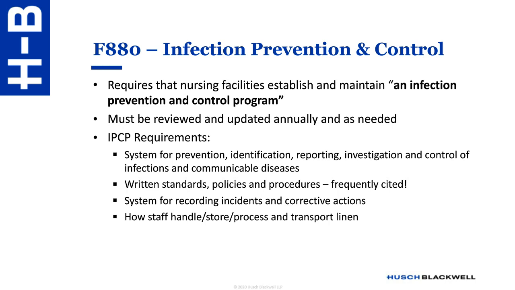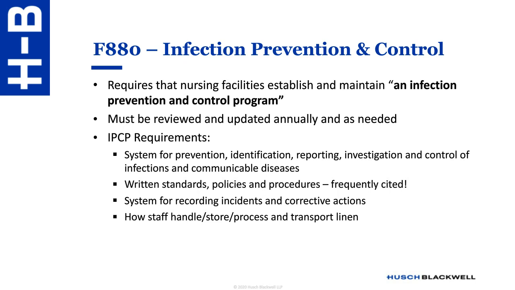It requires written standards and policies, and these are frequently cited, about infection surveillance, reporting potential incidents, standard and transmission-based precautions, isolation procedures, and employee direct contact with residents or their food, hand hygiene.